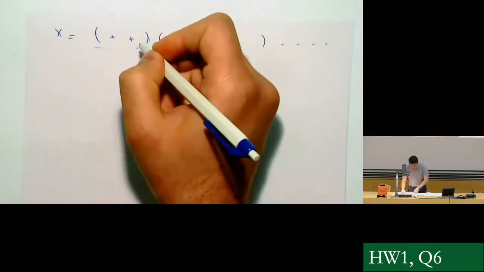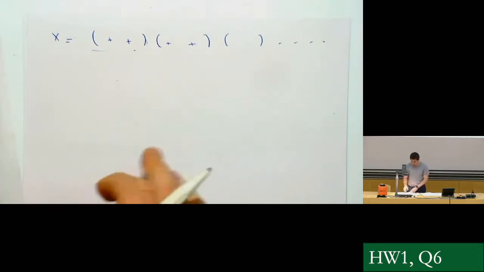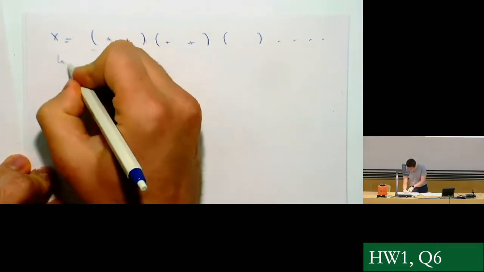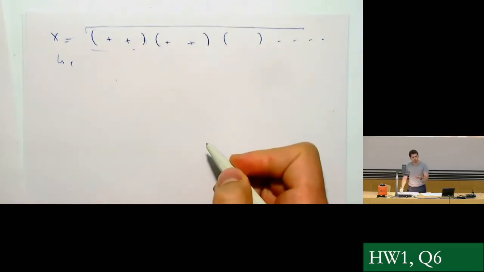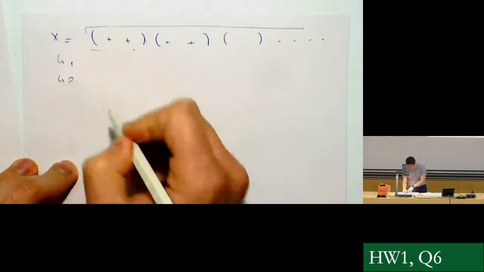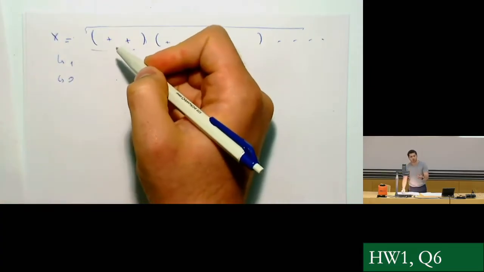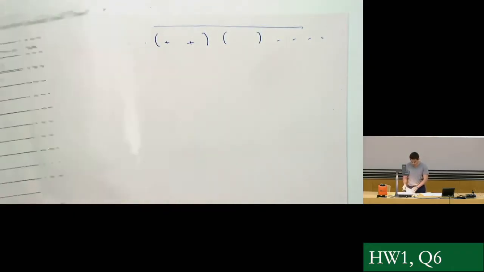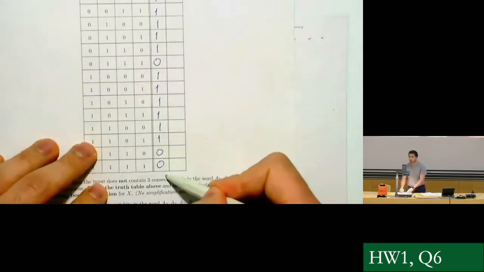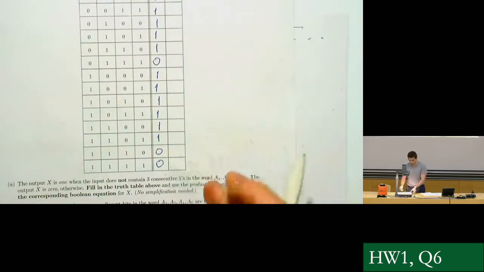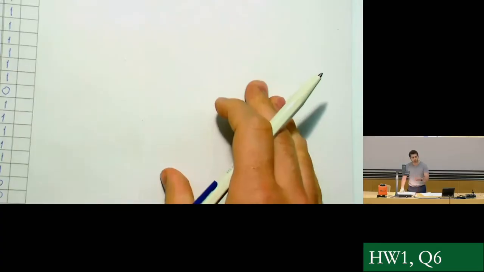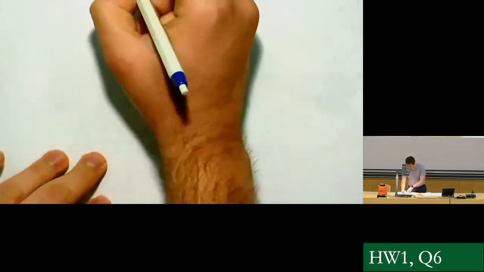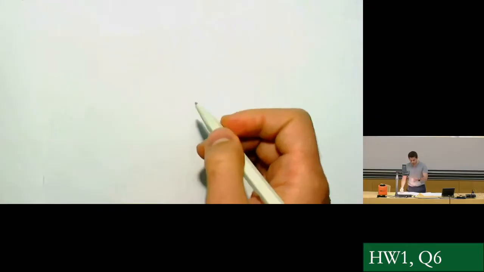X will be 1 if all of these terms are 1, or in other words, X will be 0 if one of these terms is 0. I'm going to pick the second option because it will be easier to write the Boolean equation, since I have fewer zeros. So I'm going to make X 0 if one of those terms becomes 0.